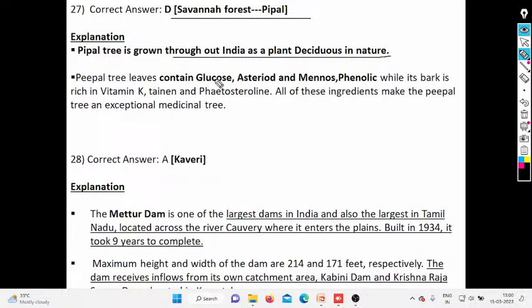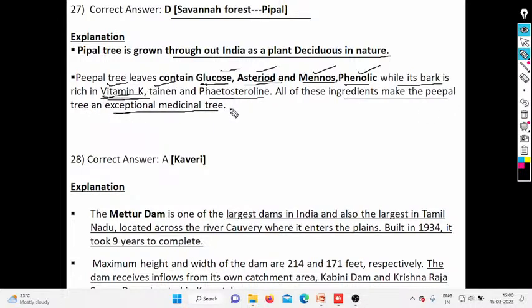Peepal tree leaves contain glucose, steroid, mannose and phenolic, while its bark is rich in vitamin K, tannin, and phytosteroline. All of these ingredients make the peepal tree an exceptional medicinal tree.